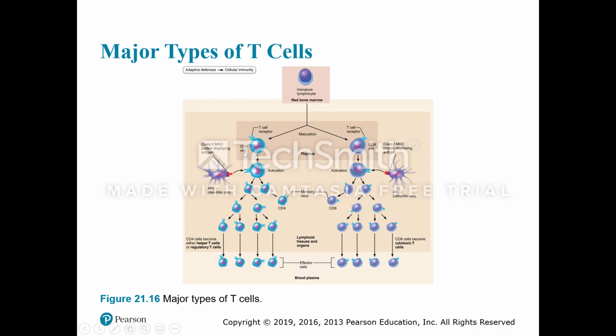This is your CD4 cell, and this will be your CD8 cell. The CD4 are destined to become your regulatory T cells right here, and your helper T cells. And the CD8 are destined to become your cytotoxic T cells.